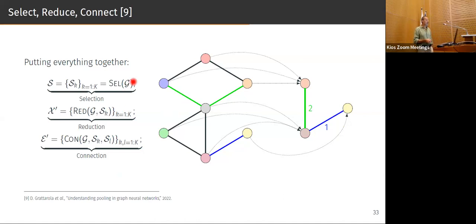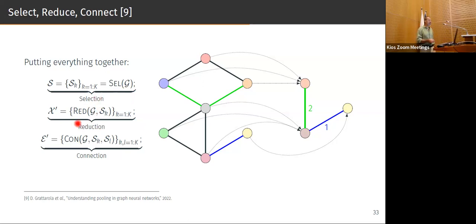So if we look at what is going on, we see that if we put everything together, we have this selection approach that starts from the original graph. Selection will provide the score matrix S, the assignment. This one is a function. And if it is a function, we can learn any function if needed.